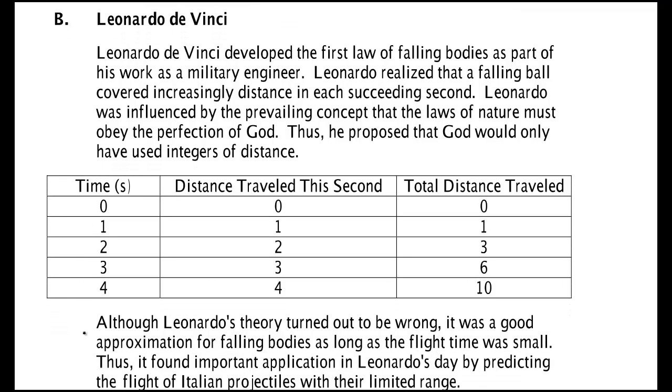And it's based on a classical argument that God would use perfect numbers, that is, numbers that do not have rounding, they're not fractions. Now, you might say, well, isn't 1/3 a fraction?